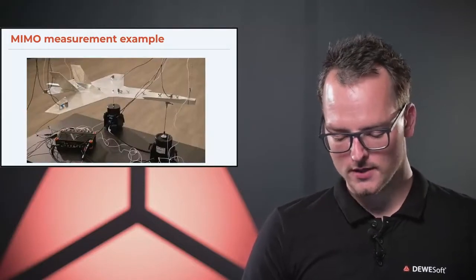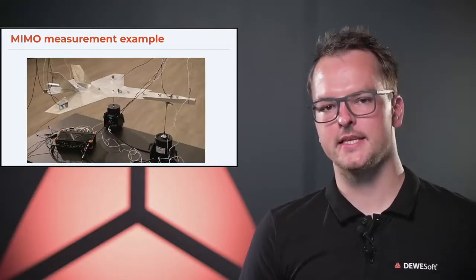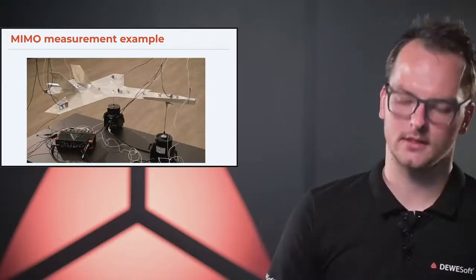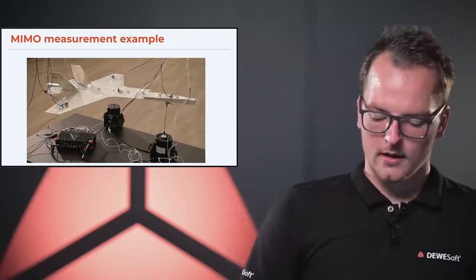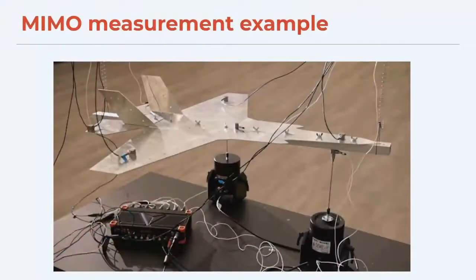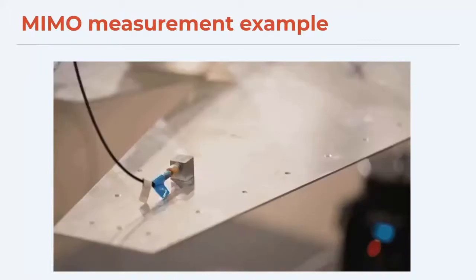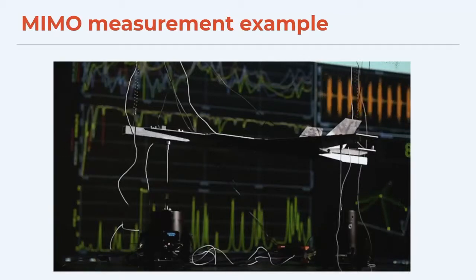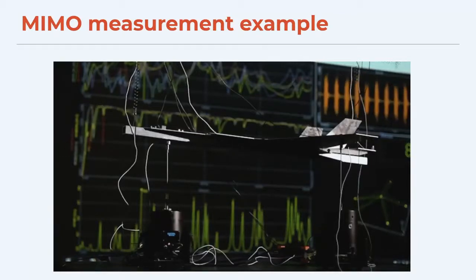For the response, we placed 6 accelerometers all over the structure, as you can see in the picture, and measured the response at 6 different points. All the sensors were connected to Sirius HD, and we used Dewesoft modal test to acquire the data.